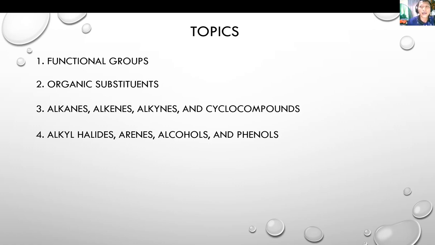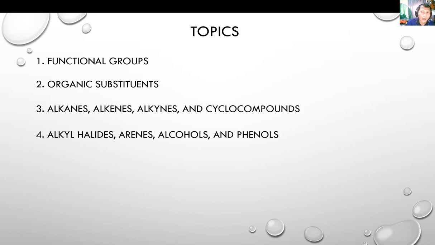The halides are the halogens. From the name alone, alkyl halides means an organic compound with alkyl substituents and halogen substituents. The halogens are chlorine, fluorine, bromine, iodine, and astatine.